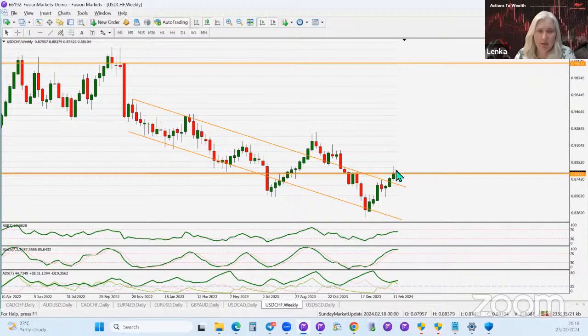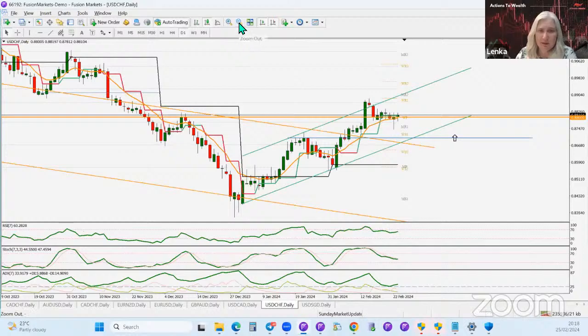Here we are back at that level of previous resistance. So this level is basically a level of decision making for the market. Is it going to break above and continue back into the previous range there? Or is it going to bounce and keep going with the previous trend short?